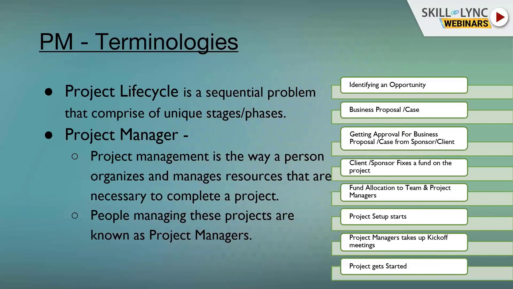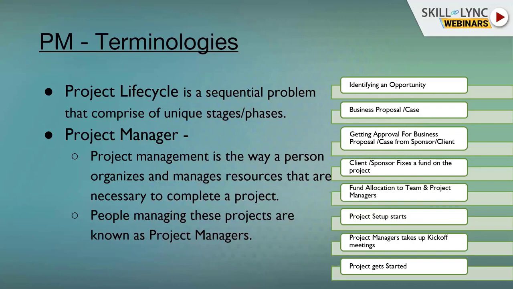He has certain defined roles and responsibilities. He is responsible for managing the whole process and the whole set of resources to achieve the target, which is the deliverable, the product. So he has to manage it in such a way that the deliverable or outcome is achieved.